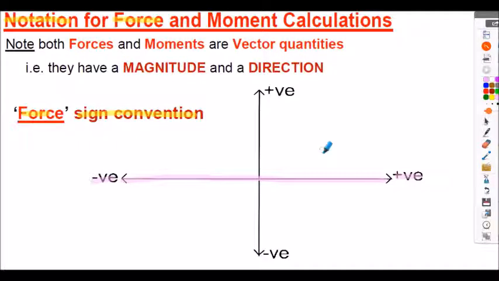For the vertical sense, an upward force component was considered positive and a downward force component was considered negative. So that's the notation we will apply in this presentation related to resolving forces into horizontal and vertical components.